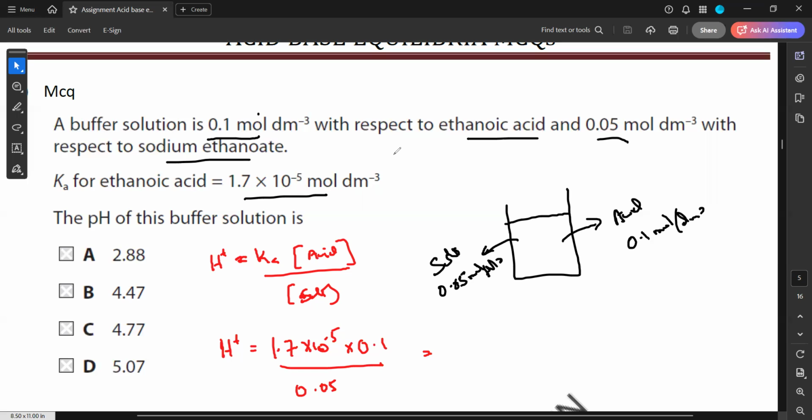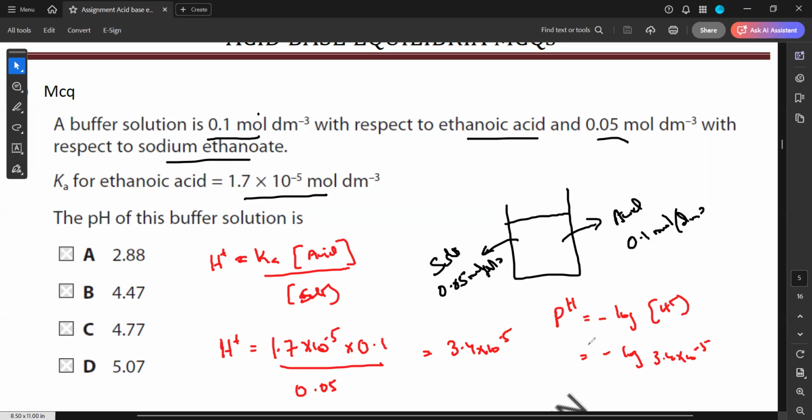That's 3.4 times 10 to the power minus 5. That's the hydrogen ion concentration, but we need the pH of the solution. The formula is pH equals minus log of the hydrogen ion concentration. So minus log of 3.4 times 10 to the power minus 5.